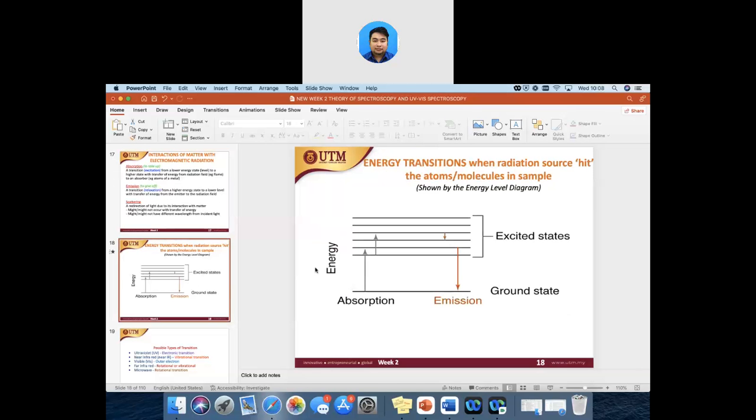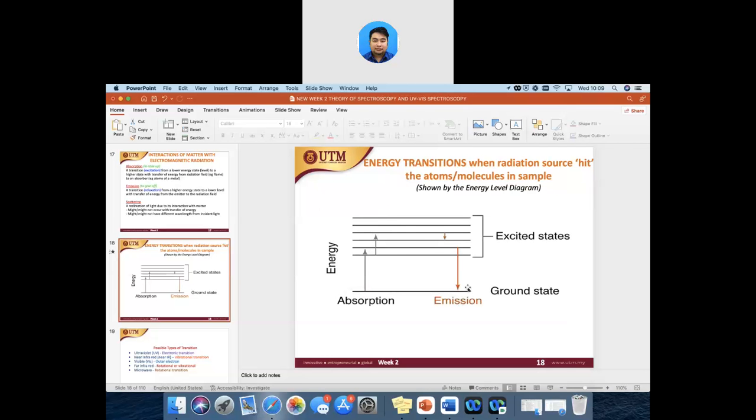As I mentioned before, look, this is an energy level diagram. For absorption, your analyte would be in a ground state level. Everything is at a ground state level. But when it absorbs, it moves up. It becomes excited. But the excited state is not stable. It goes back.